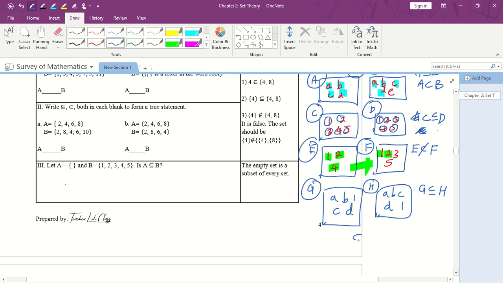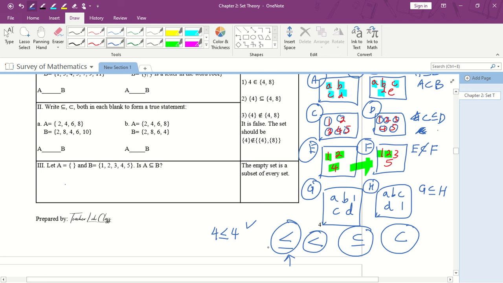Remember, this is the subset sign. This is the proper subset sign. Do you think it is somehow similar to the inequality sign? When we read this one, we always read it as less than or equal to. Which means that 4 is acceptable. However, 4 less than 4 is not acceptable. Why?